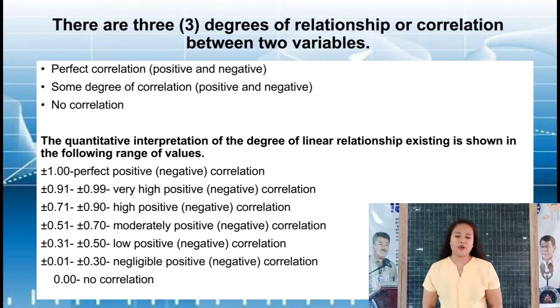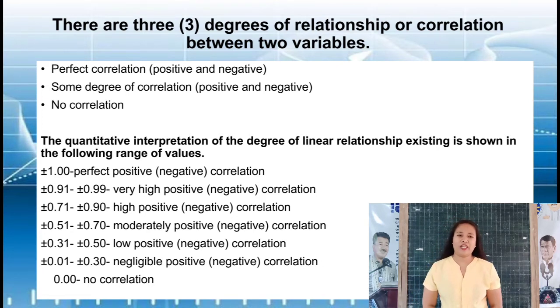Positive or negative 0.71 to 0.90 is the high positive or negative correlation. Positive or negative 0.51 to 0.70 is the moderately positive or negative correlation.